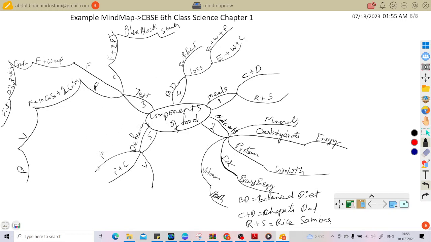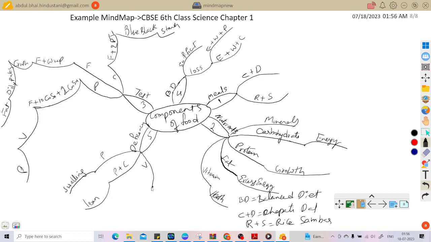With protein deficiency, there will be swelling of the face. And if there is a deficiency in protein and carbohydrate, the person will become lean and thin.